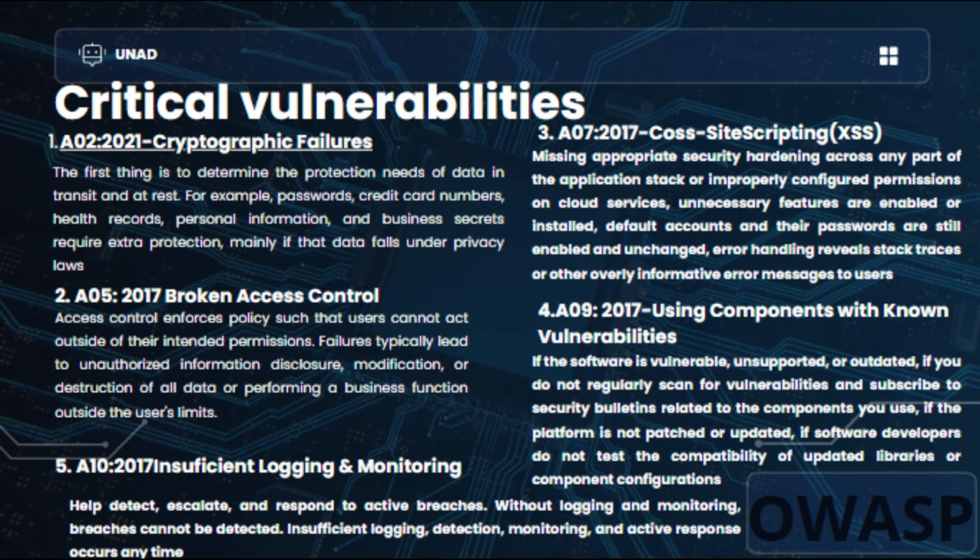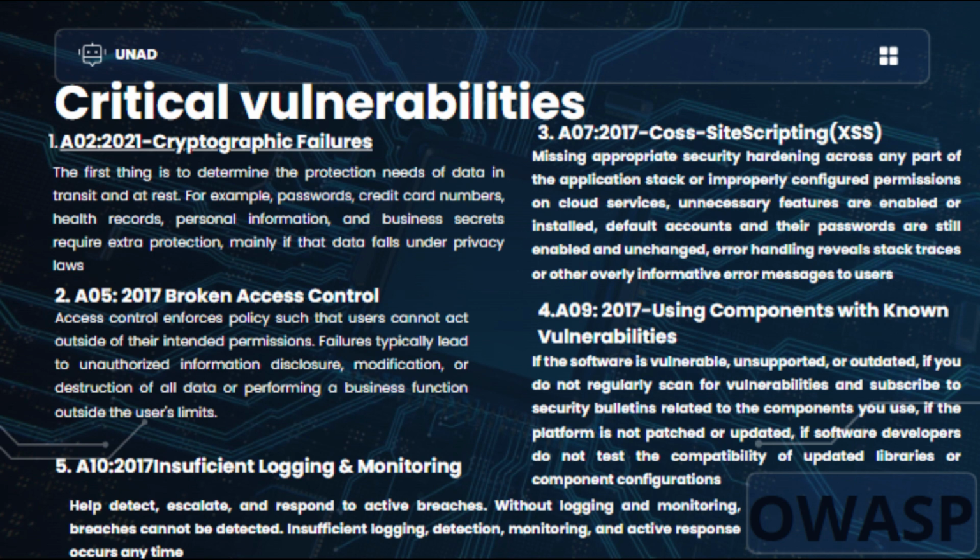Cryptographic failures. The first thing is to determine the protection needs of data in transit and at rest. For example, passwords, credit card numbers, health records, personal information, and business secrets require extra protection, mainly if that data falls under privacy laws. Broken access control.